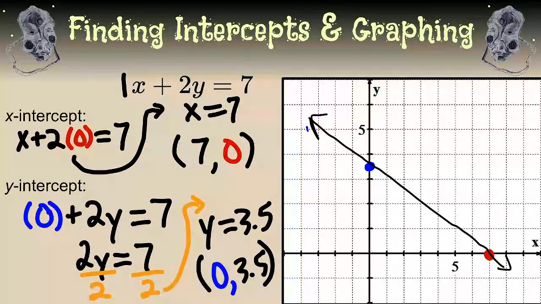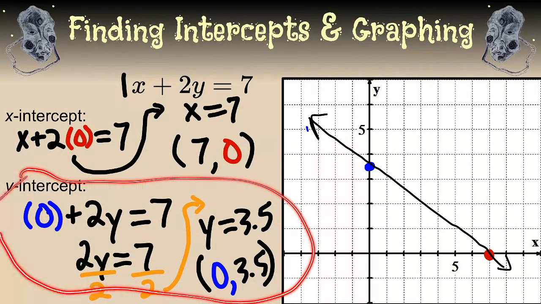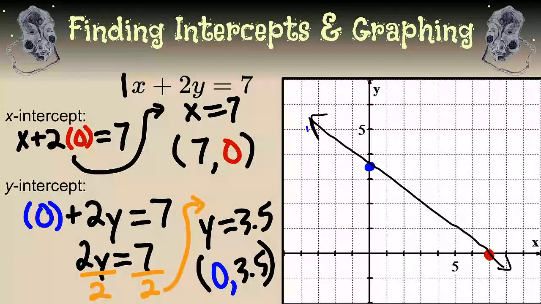So can someone tell me, how do I find an x-intercept when I'm given a standard form equation? Yep, and then solve for x. Thank you, Elliot. Someone else, how do I find a y-intercept when I'm given a standard form equation?